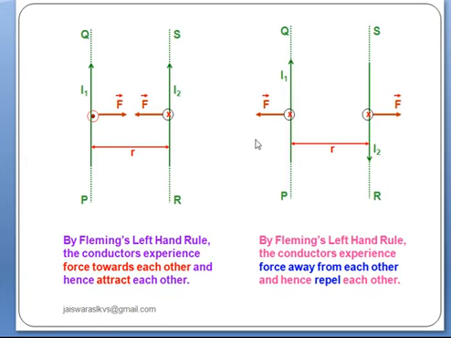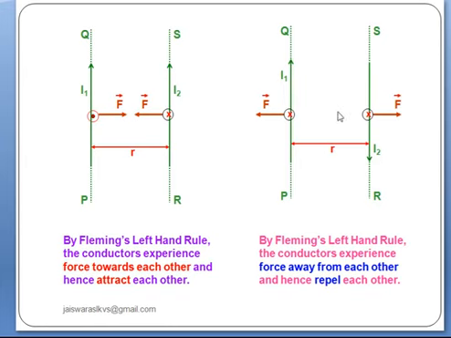Now in the second case, in conductor PQ the direction of current is the same and its magnitude is I1, but in the second conductor, that is RS, the direction of current is just opposite.